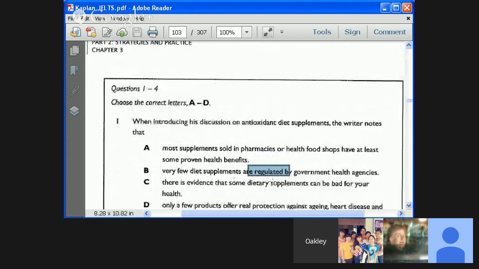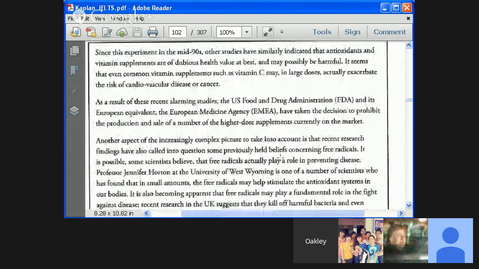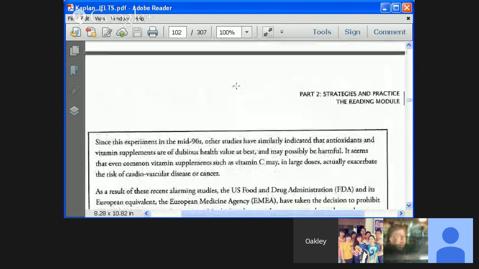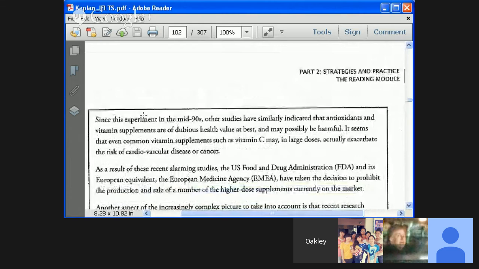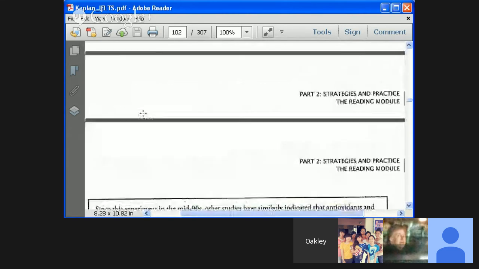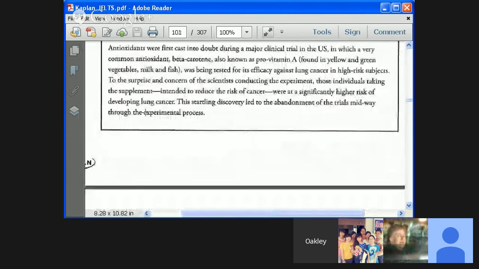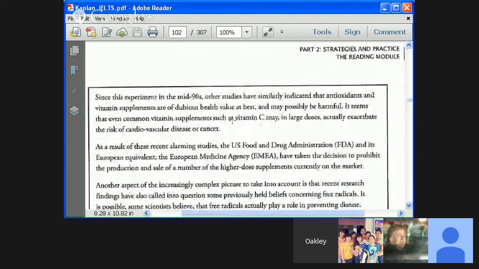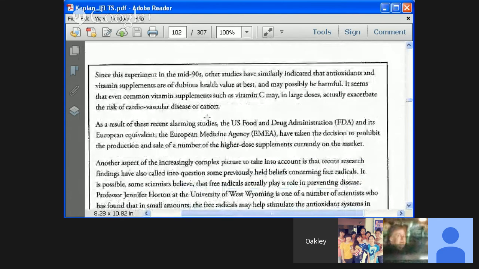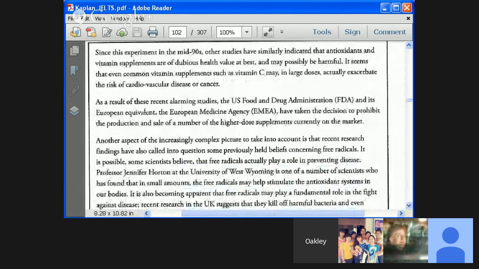Very few diet supplements are regulated. Health agencies or regulated. Let's see. If I remember correctly, it's in the second half, but I don't know where this is. Jang, stop me when you see.